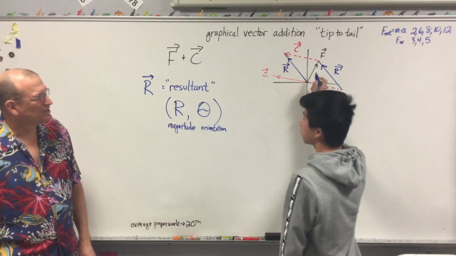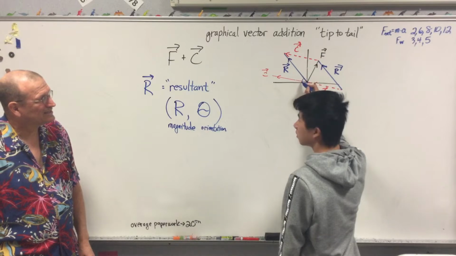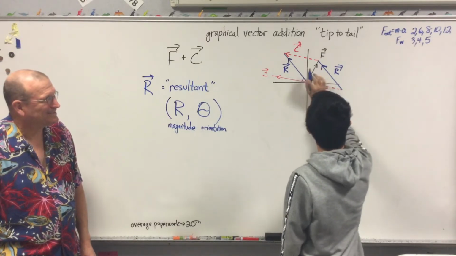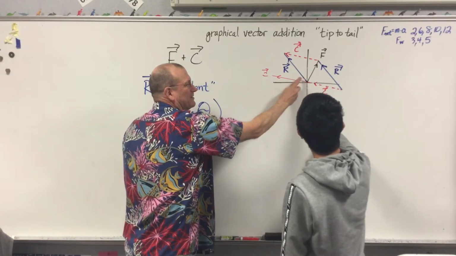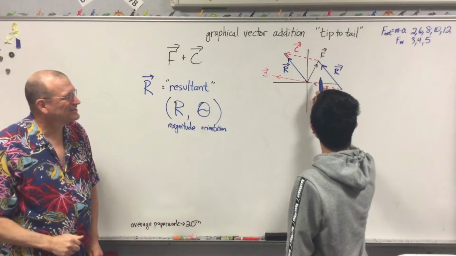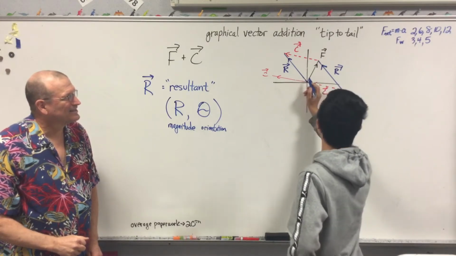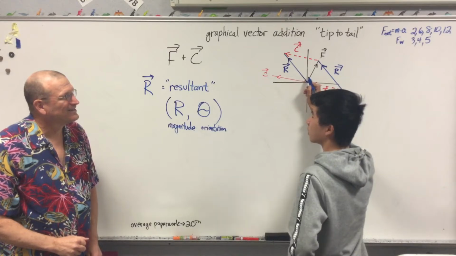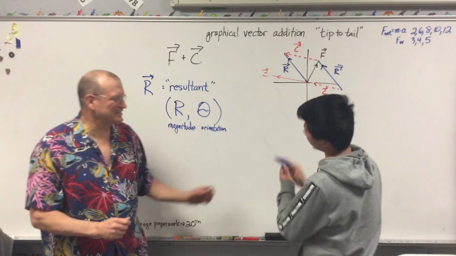Because it's the sum of the vectors, I think it should be this. No. What would be your second option? It's not going to be that one. You're not sure? Okay, let's see.